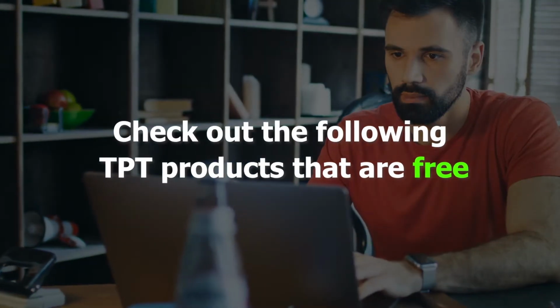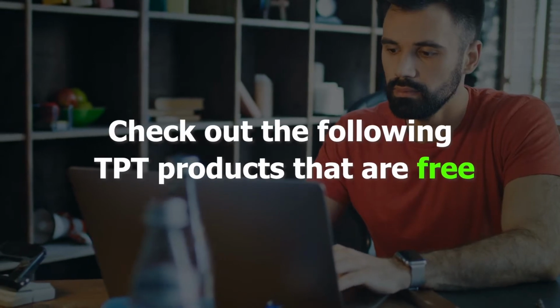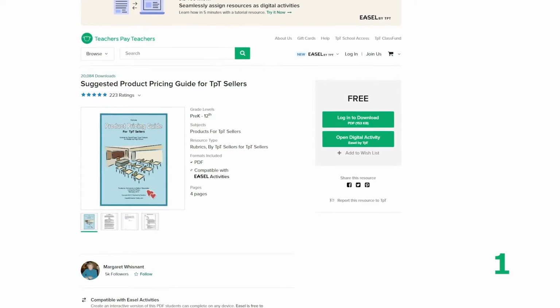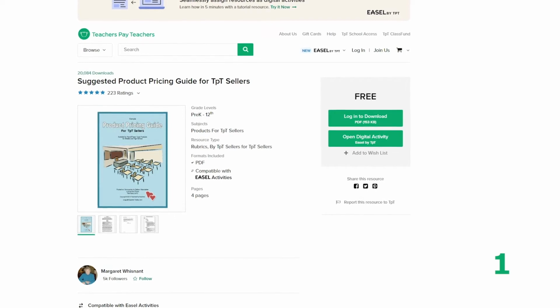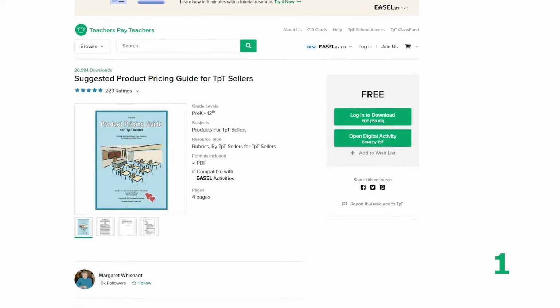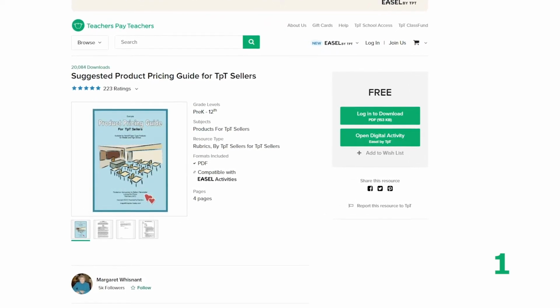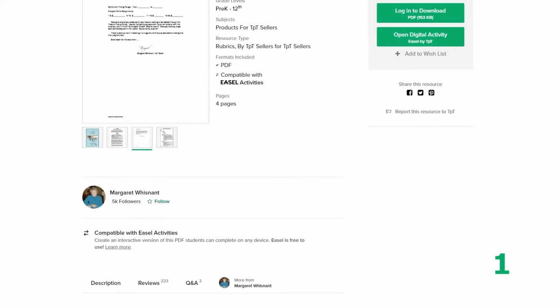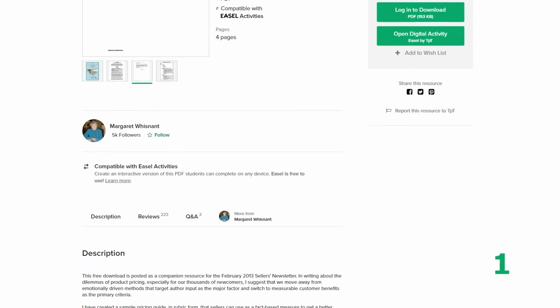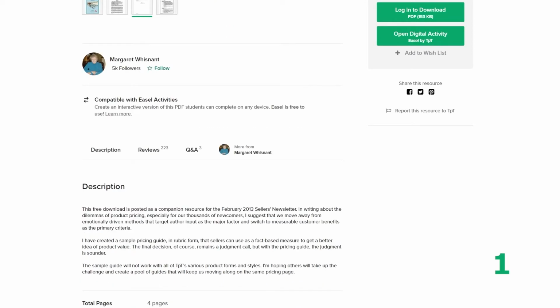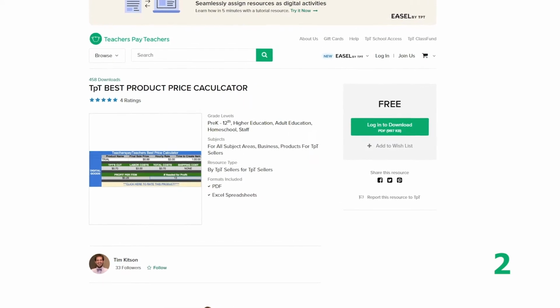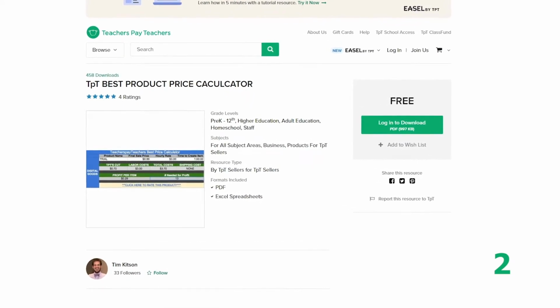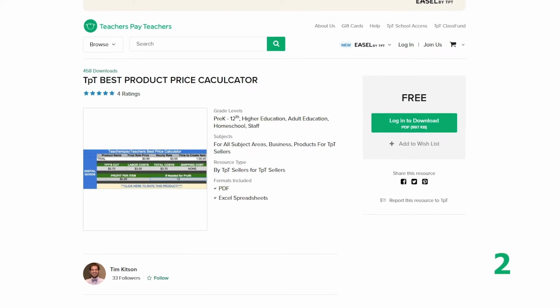If you'd like a specific pricing guide to use as a tool, check out these following TPT products that are free. Product number 1, Suggested Product Pricing Guide for TPT Sellers by Margaret Wisnan. Her product supports pre-K to 12th grade TPT resource designers. Number 2, TPT Best Product Price Calculator by Tim Kitson.